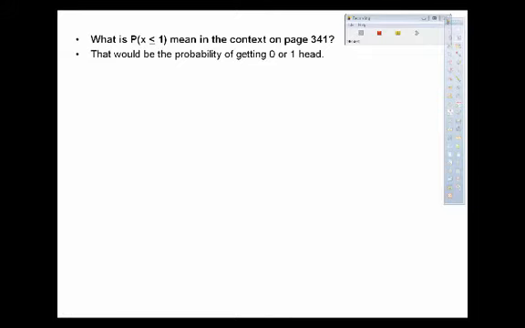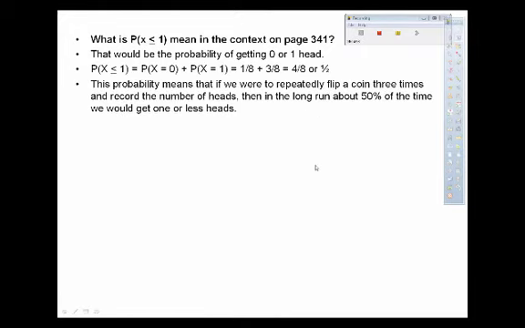So the probability of X less than or equal to 1 equals the probability X equals 0 plus the probability that X equals 1, which is 1/8 plus 3/8, which is 4/8, so 1/2. So this probability means that if we were to repeatedly flip the coin 3 times and record the number of heads, then in the long run, about 50% of the time, we would get 1 or less heads.